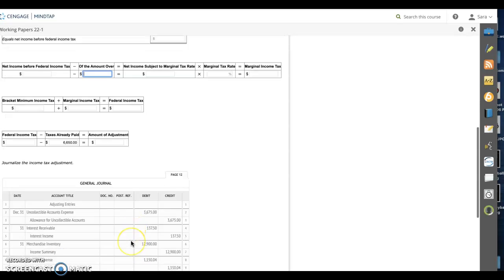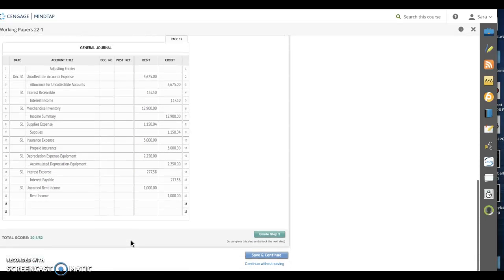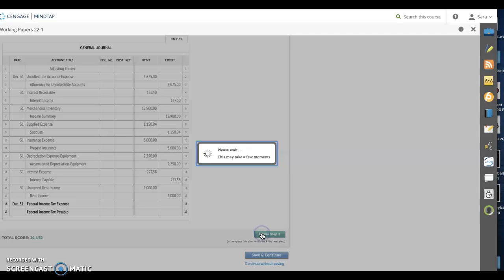And then our adjusted amount, and then they would just want us to journalize it down here. So December 31st, federal income tax expense. And like I said, then we would know that amount. And federal income tax payable. I'm just going to grade it.